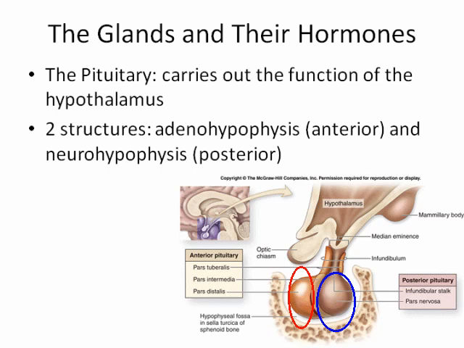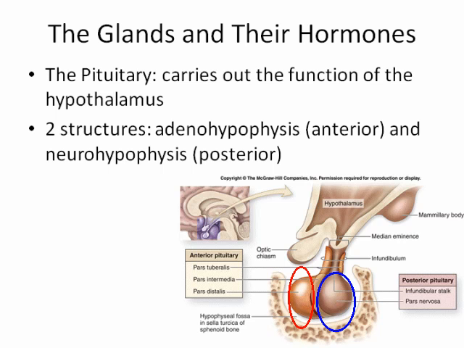That is not the case. You almost have to think about this as being two separate structures. The anterior pituitary and the posterior pituitary are not one solid structure. They are two independent structures so closely connected that it appears they are the same structure. It is not.